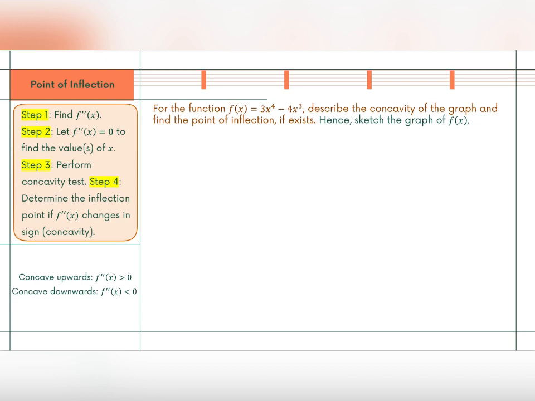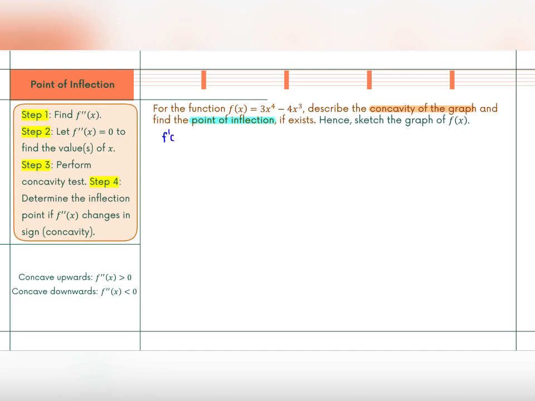Okay, so let's look at this example. For the function f(x) equals to 3x to the power of 4 minus 4x cubed, describe the concavity. So this question is asking for concavity of the graph and find the point of inflection if it exists. Okay, so the steps that we are going to do, yang pertama adalah cari first derivative.